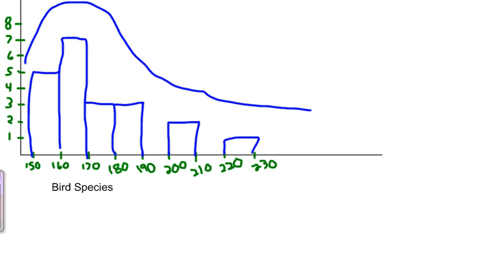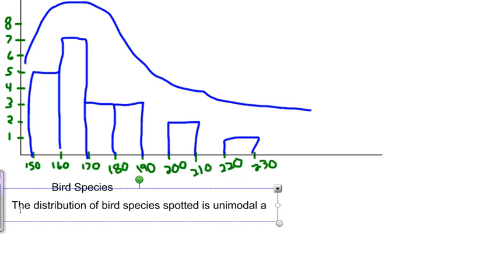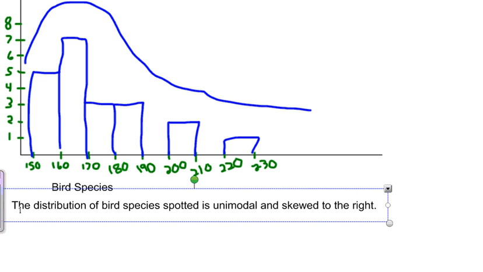When I write this out, everything has to be written in context. This distribution is about the number of bird species. So I'm going to say the distribution of bird species spotted is unimodal and skewed to the right. And I'm going to talk about the center.